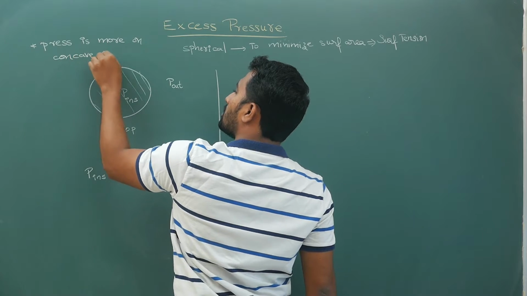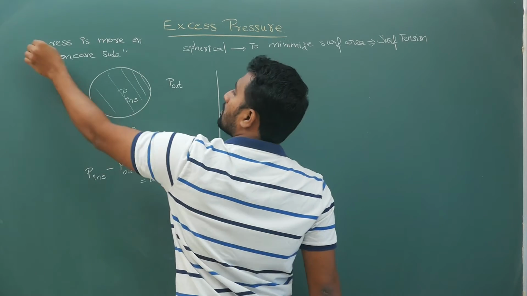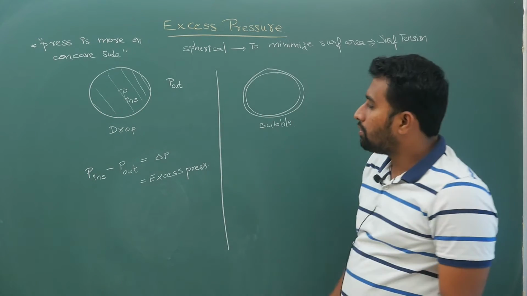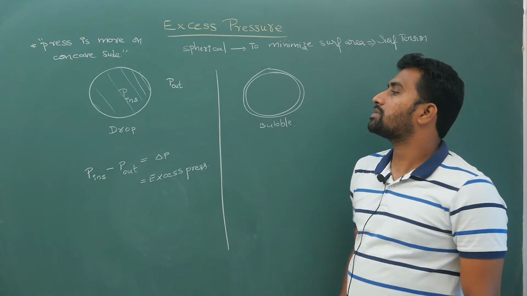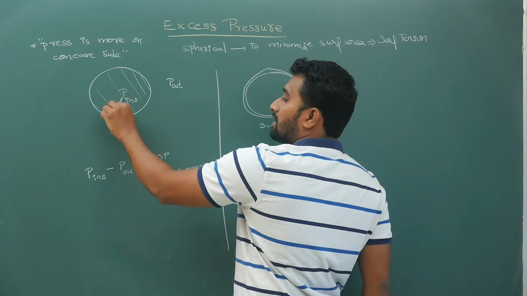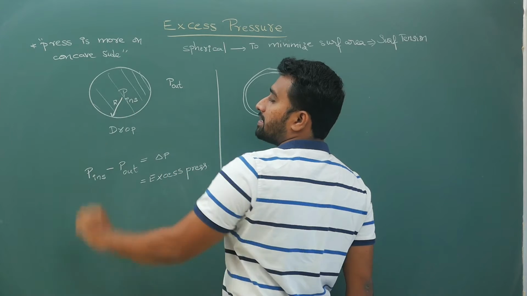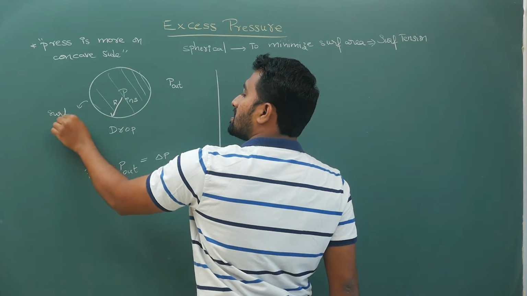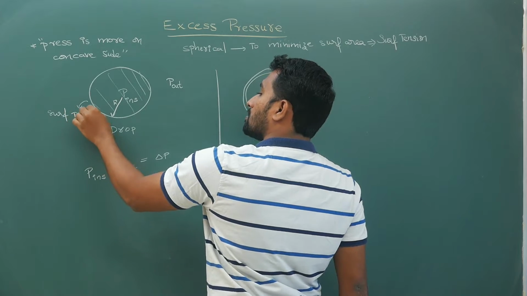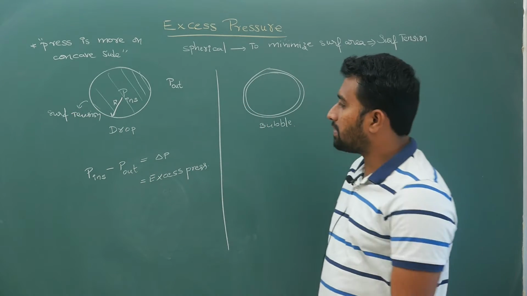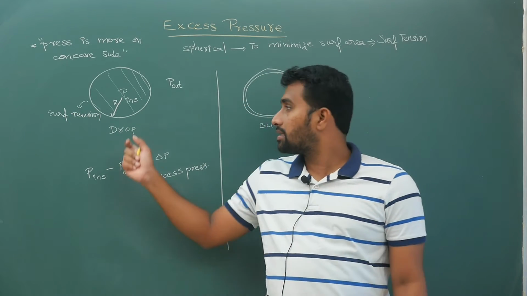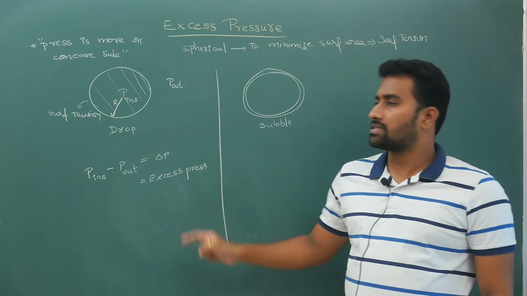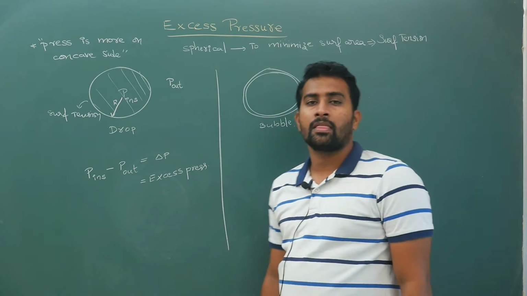Now, this pressure difference I am supposed to calculate in terms of surface tension T and radius r. We will derive it, don't worry.